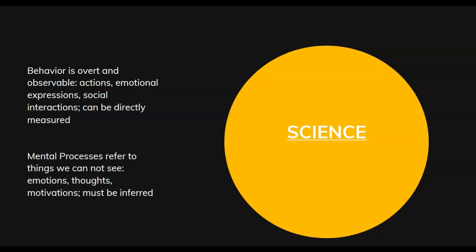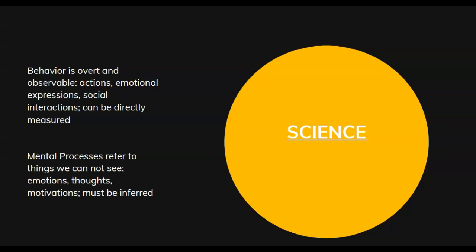Okay? So for example, learning is not something we can see. If you're taking a test, we actually can't see how much you've actually learned or even the process of you learning the information that's on that test. So instead, we infer your learning from your performance on the test, the grade you get.